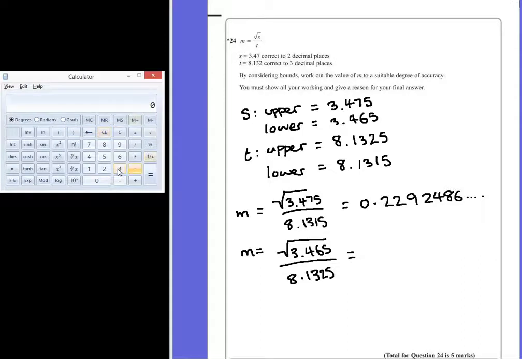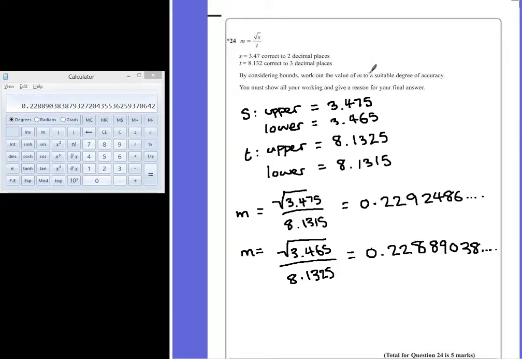Going back to our calculator, we have 3.465, square root it, divide by 8.1325, which is equal to 0.22889038, and a bunch of other numbers. So they're the highest and the lowest possible values that this calculation could give us.